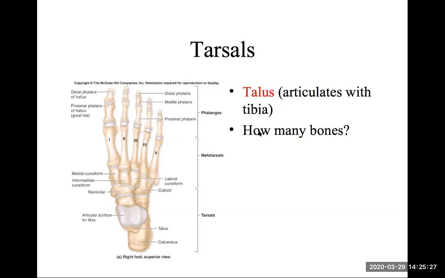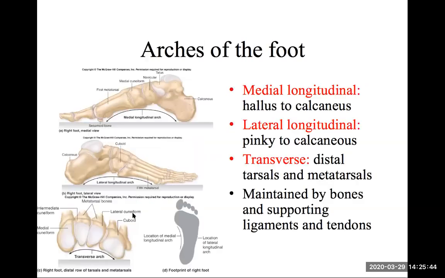So if you were to sit down and lift your toes skyward, decreasing the angle at your ankle, you would be moving the tibia at its articulation with the talus. You'll get to more detail on the bones that make up the tarsals in lab.